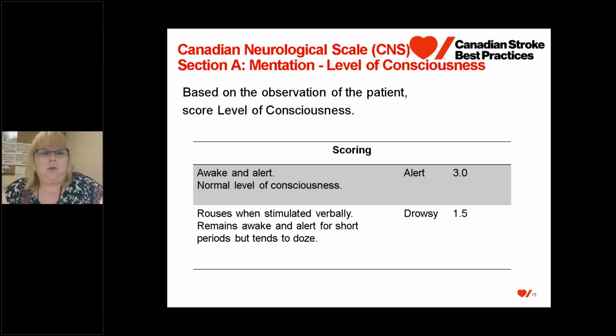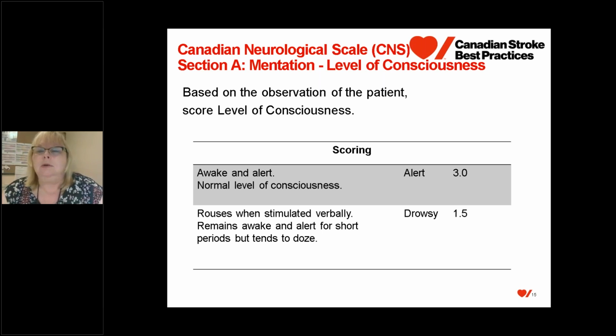Alert would be scored if the patient is awake, has spontaneous eye opening, and has a normal level of consciousness, versus patients who are considered drowsy, who have eye opening to either speech or light touch, rouses when stimulated verbally. They may remain awake and alert, but tend to doze for short periods.